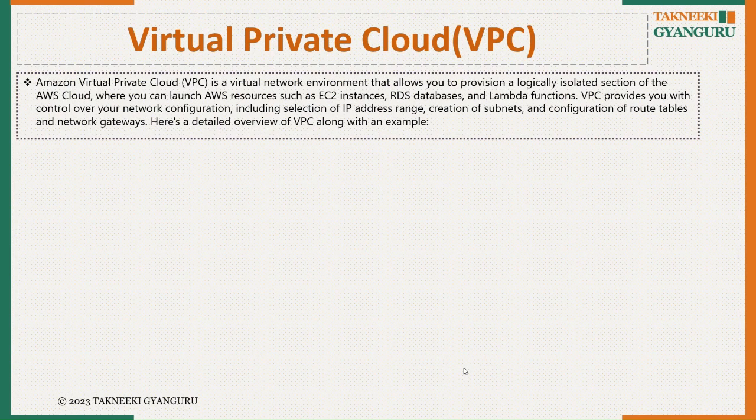Here is a detailed overview of VPC along with an example. So the VPC allows us to provision a logically isolated network, like we can create the CIDR block, right? Based on the CIDR block we can create our machines, right? Each CIDR block has a number of IP addresses.